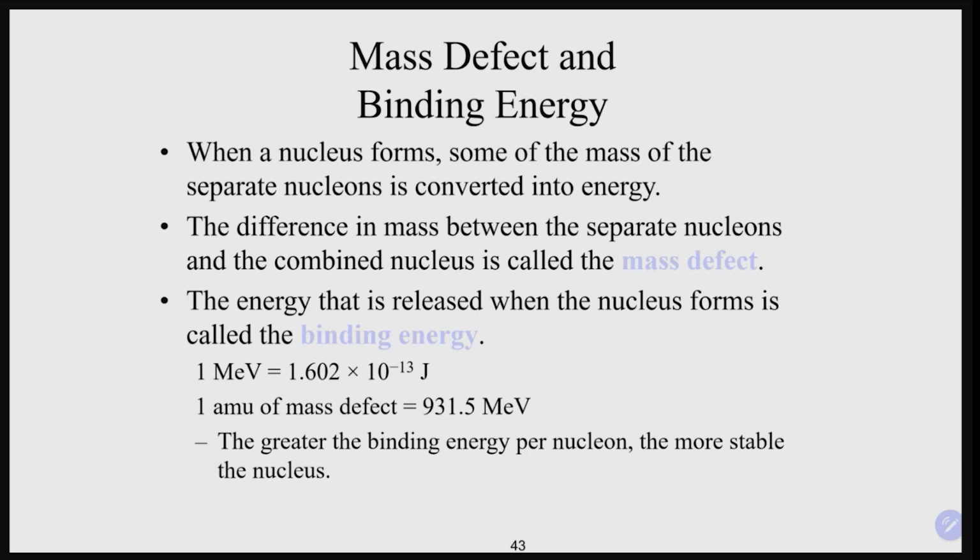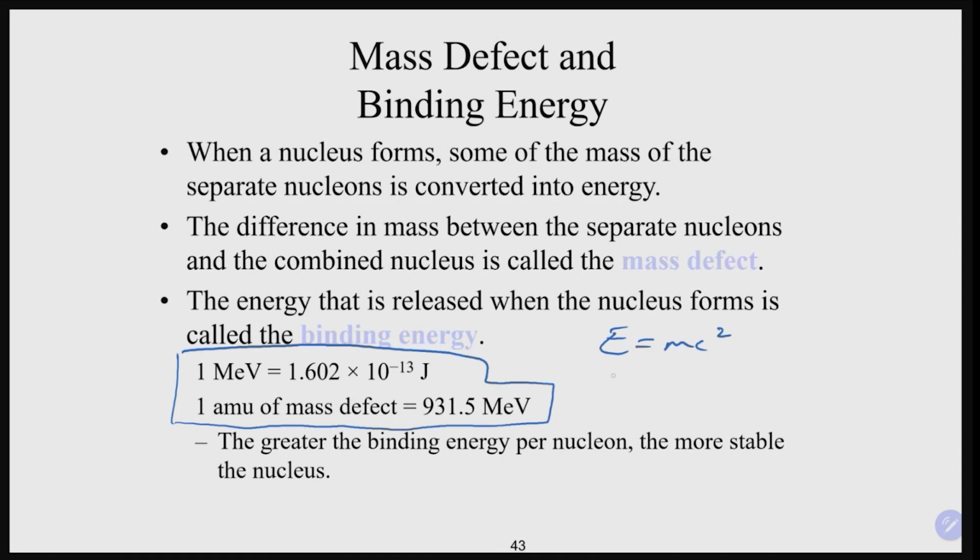And the energy that's released when we do form that nucleus is sometimes referred to as binding energy, or nuclear binding energy. And there are a couple of conversions here that can be helpful when we do these types of problems, and they're really based off of E equals mc squared.